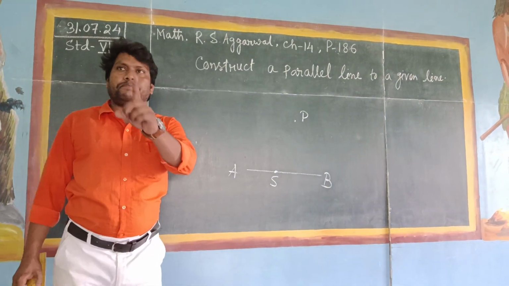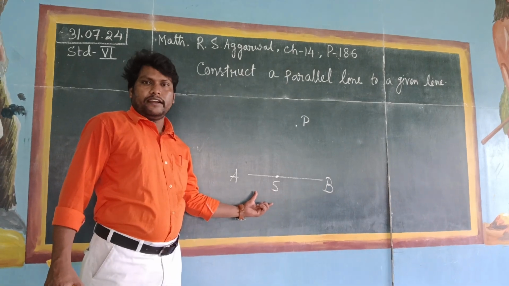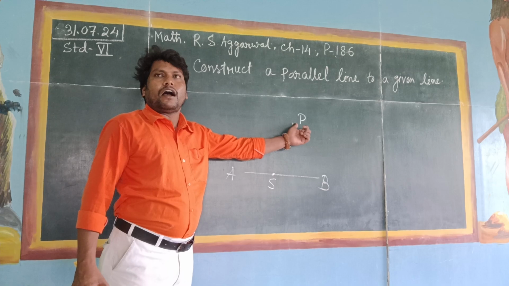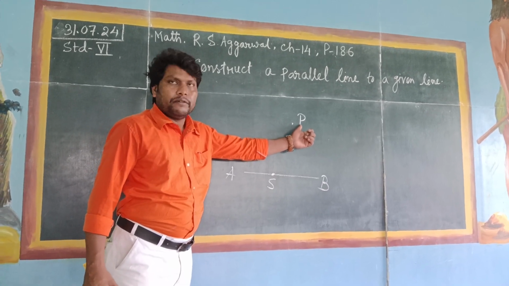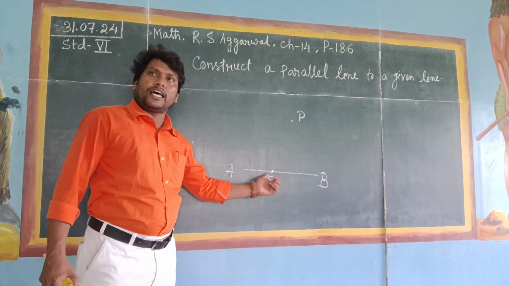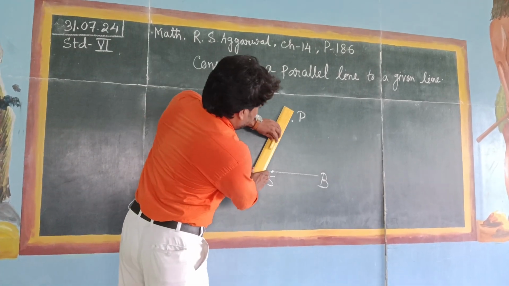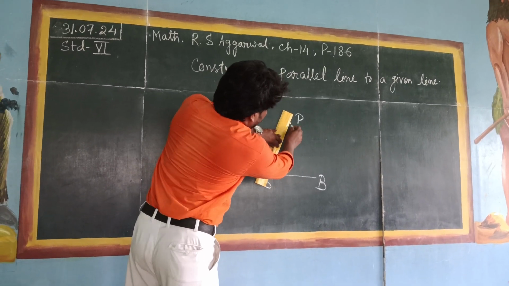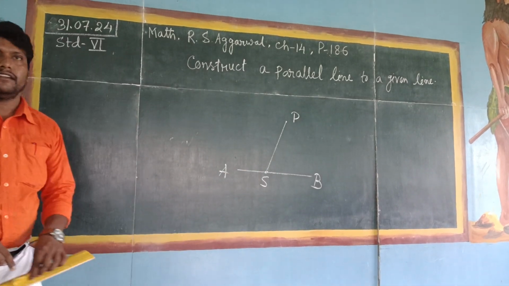Now what is the first step? At first you draw the given line. Next step, take a point outside the line. I have taken P. Next step, take a point also on the line. Then the next step, join the two points, the one outside the line and the one on the line.